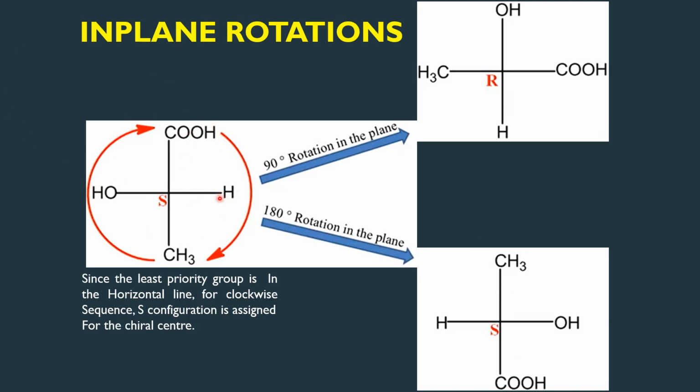When you have the least priority group hydrogen in the horizontal line, you should remember for clockwise sequence we have to give S configuration. For anti-clockwise sequence we have to give R configuration. When the least priority group is in the vertical line, the sequence is read directly. Therefore you can see from these structures, the S lactic acid after 90 degree in plane rotation becomes R, and after 180 degree in plane rotation becomes S.